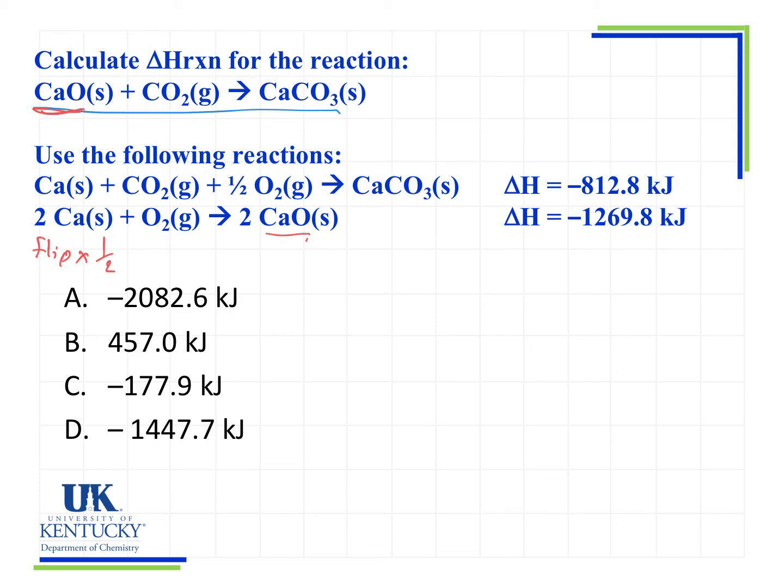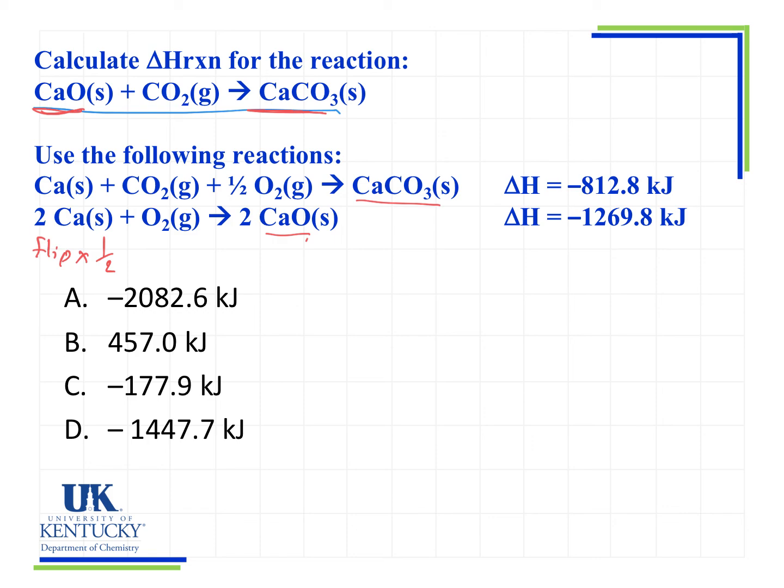Okay, CO2 is in the first reaction, and it's in the reactant side, and it's just 1 mole, so that's fine. And CaCO3 also in the first one, and the product side, and 1 mole, so that's fine. So we don't touch the first one, we just flip and divide it by 2 for the second one.